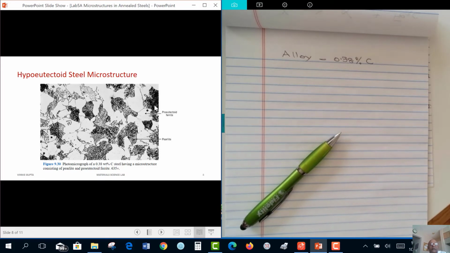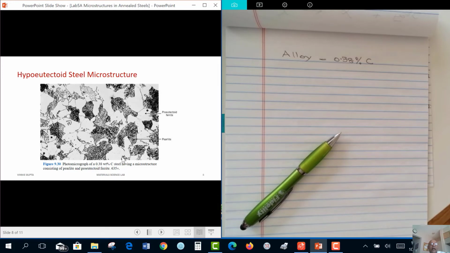If they are very thin layers, they may not get resolved at this magnification. So if you were to eyeball it, I would say maybe half, 50% is pro-eutectoid ferrite and 50% is this pearlite. That would be my eyeball estimate.